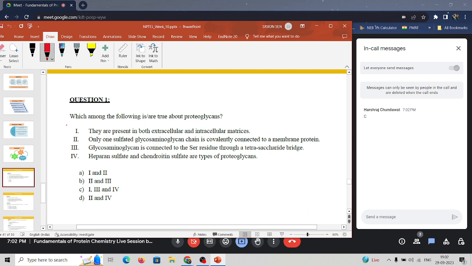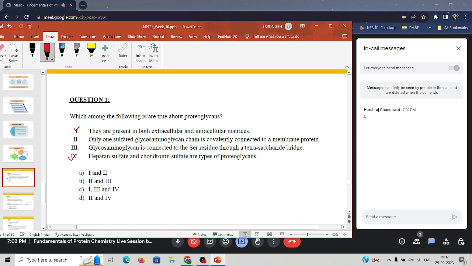You say C. Okay, so let us see. They are present in both the extracellular and intracellular matrix. This one is correct. Heparan sulfate and chondroitin sulfate are types of proteoglycans. This is also correct. So 1 and 4 are correct.